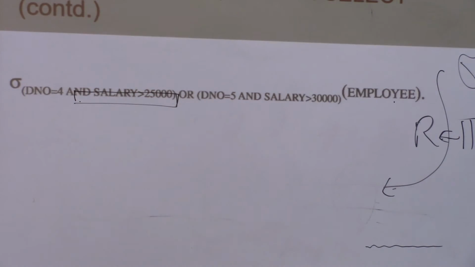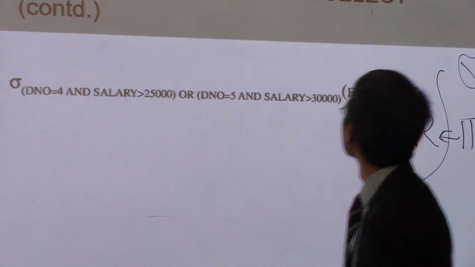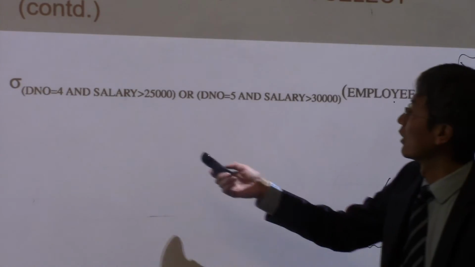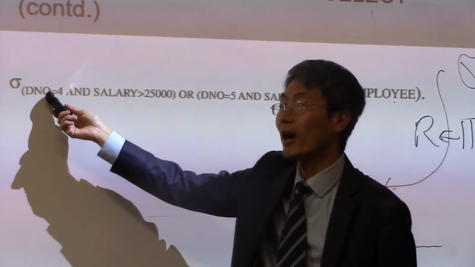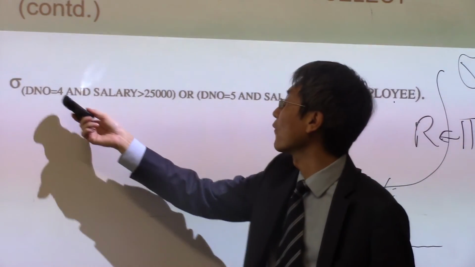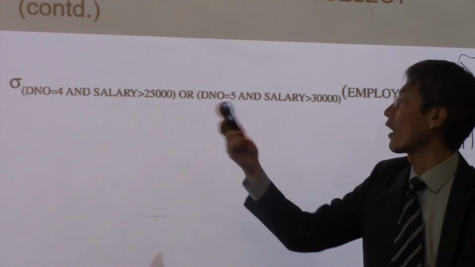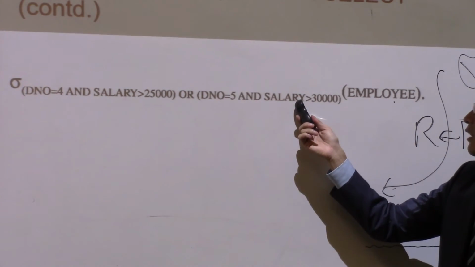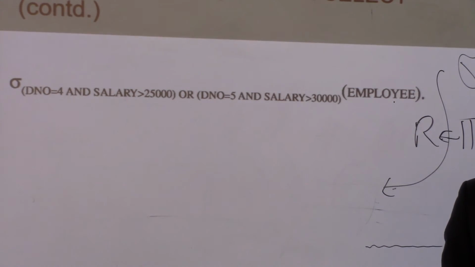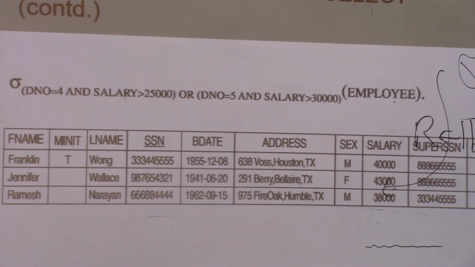So this is the last one of today's lecture. What about this one? Can you understand the meaning of this? Employee, in department number 4, whose salary is higher than 25K, or from department 5, whose salary is 30K. Then we can get this data, for example.